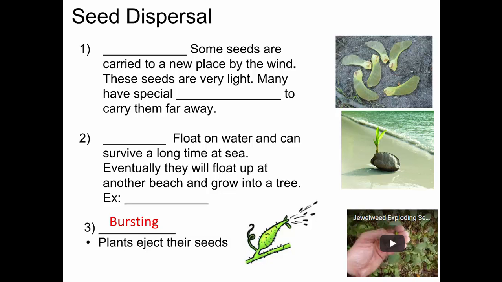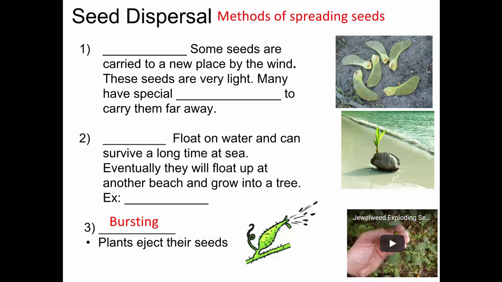Yeah, they'd be competing for water from the soil, for nutrients from the soil, for sunlight. It wouldn't really make any sense for new plants to grow right underneath the existing plants. Okay? So most plants have means of dispersing their seeds, getting their seeds somewhere else. And there are lots of ways plants have their seeds dispersed.